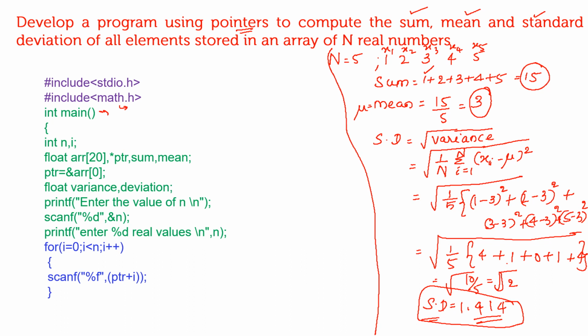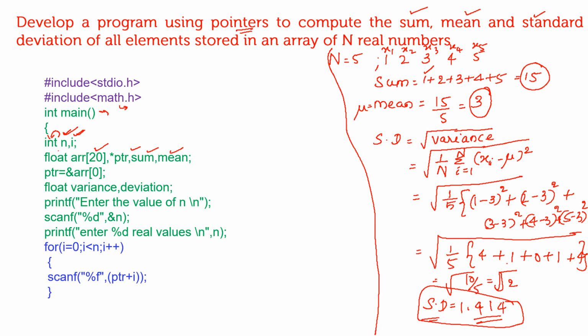Okay, and what is the meaning of this int n, i? n and i are two variables, and they are of the data type integer. I will be used by a for loop, and normally n will be taken for the number of elements, right? Okay, now next, what is this? Float, array[20], pointer, sum, mean, all these are also variables, right?